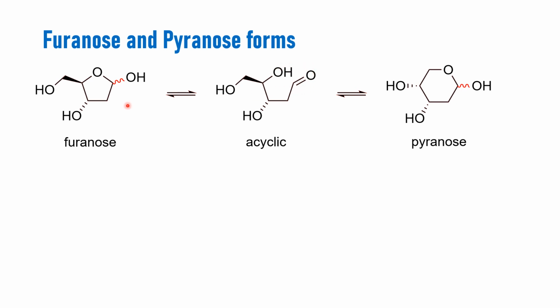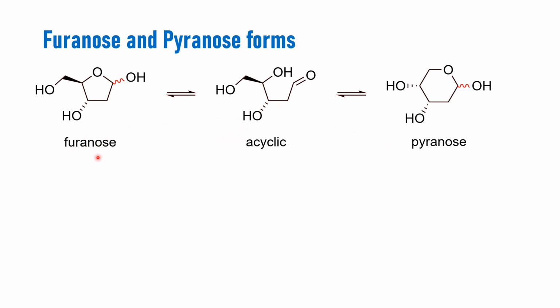All carbohydrates, be it hexose or pentose, can form either a 6-membered ring or a 5-membered ring by forming hemiacetal. The formation of a hemiacetal structure leads to two ring systems.